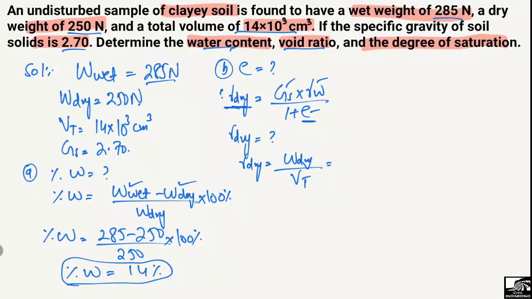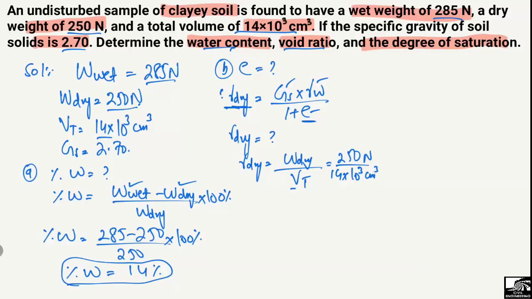Now the dry weight of the soil is known to us, which is 250, divided by the total volume, which is 14 × 10³ cubic centimeter. This 250 is in Newton and the volume is in cubic centimeter.